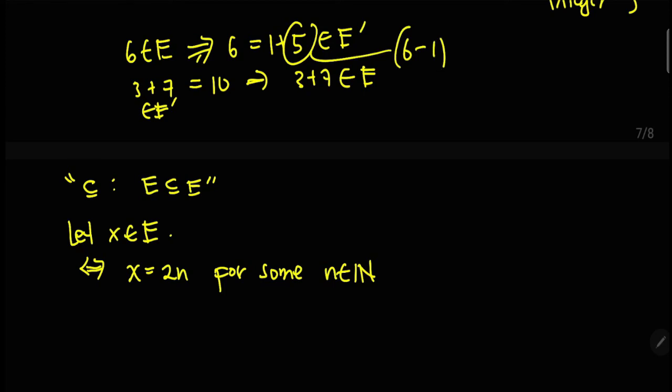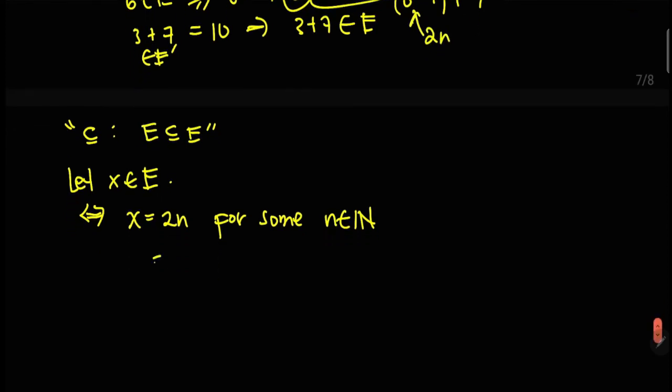So 6 can be written as 6 minus 1 plus 1. 6 is our value 2n. So this can be written as 2n minus 1 plus 1 for some n of the set of natural numbers.